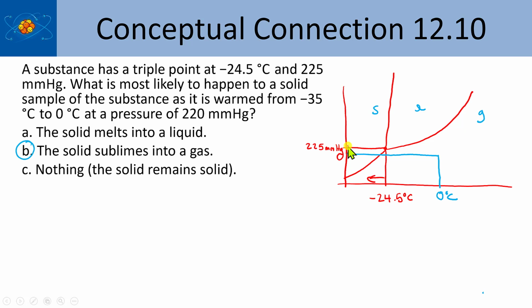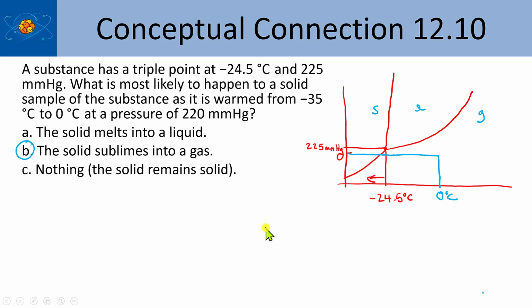So for example, if it was at 230 millimeters of mercury, you know you'd be above the triple point. So as you went across, for sure you would see the liquid form. But depending on the curvature of this line, you might also see the gas, but some additional information might be given, or the answers would have to be slightly different. Okay, so hopefully that helps you with the phase diagrams.